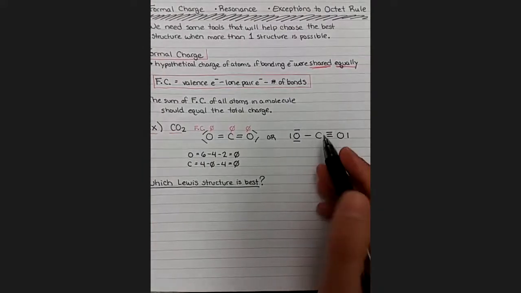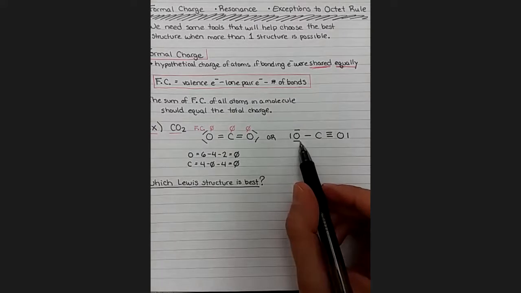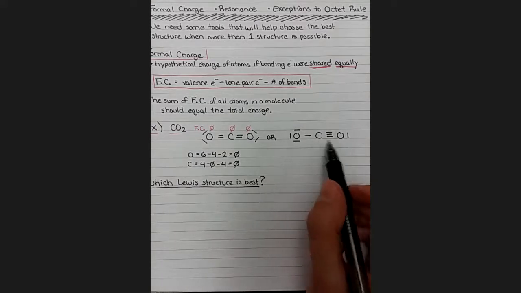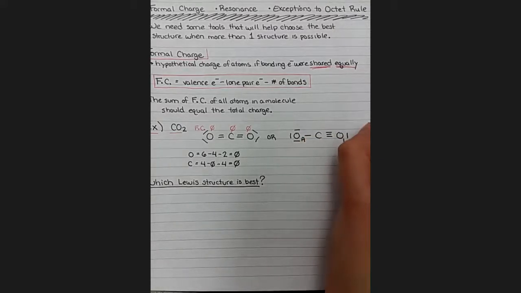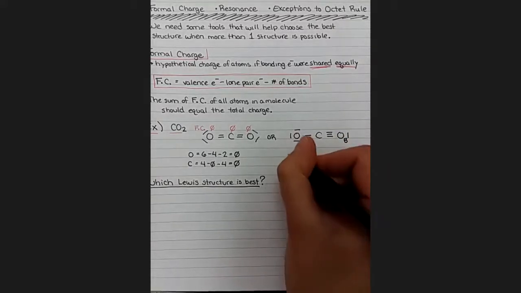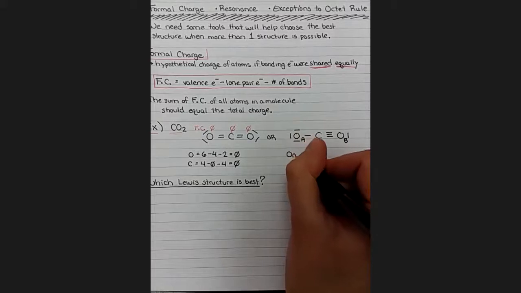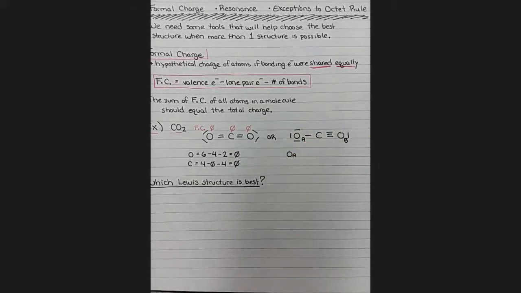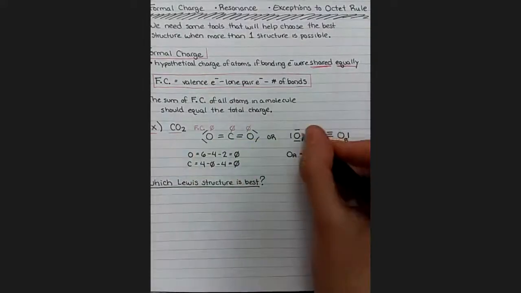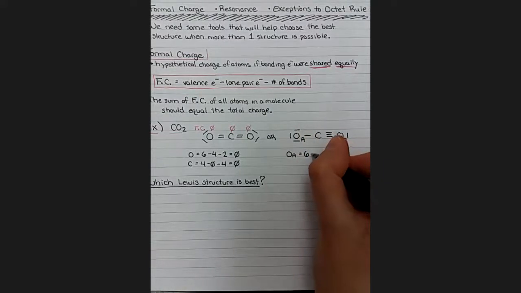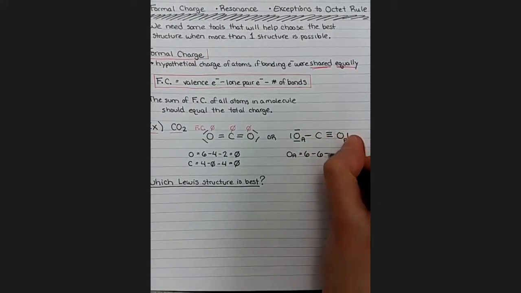Over here, let's do the calculation for this oxygen on the left. You can see that these 2 oxygens are in different environments, so I'm going to have to do the calculation twice. I'm going to label one oxygen A and the other oxygen B, just so it's really clear to myself which one I'm talking about. For oxygen A, oxygen always has 6 valence electrons. It has 2, 4, 6 lone pair electrons, and it has 1 bond.